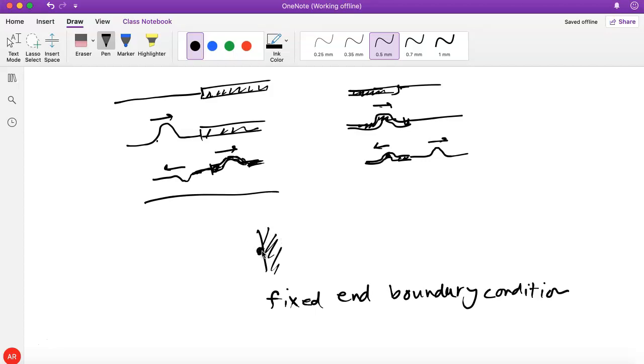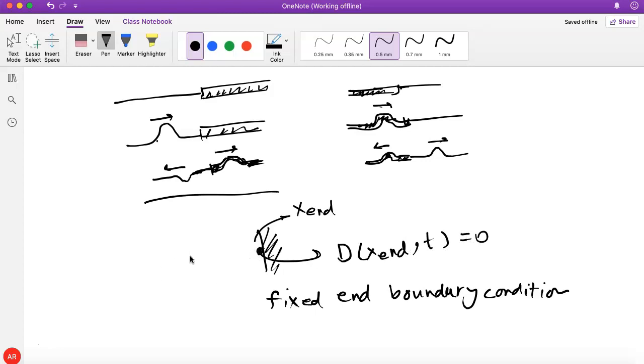This point is pinned, so at that point, let's say that's x_end or whatever that is, the position where the string is connected to the wall, D is equal to 0 for all times. It's pinned at that point.